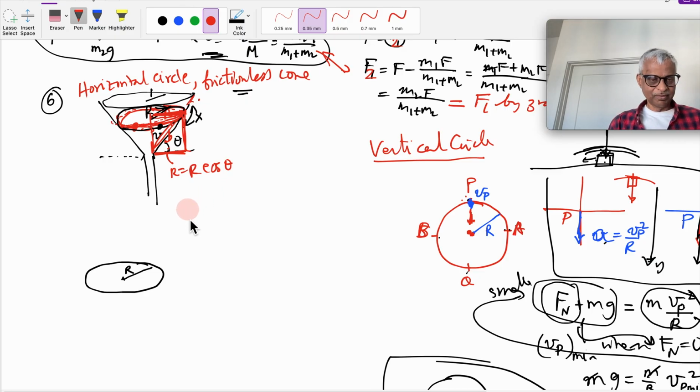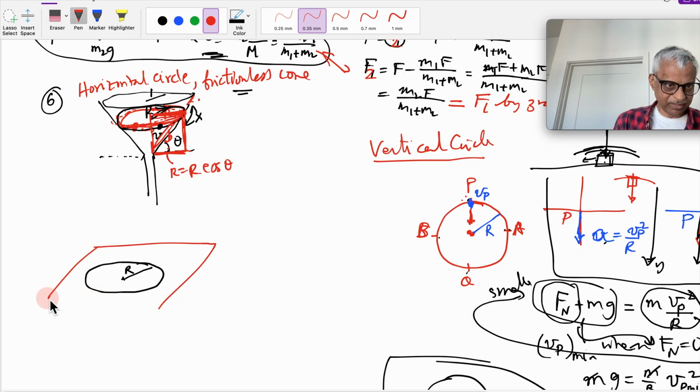All right, so yeah, this will be okay. This is r, and this is the plane. If I were here, say I'm going that way, mg is pointed down below, perpendicular to the plane.